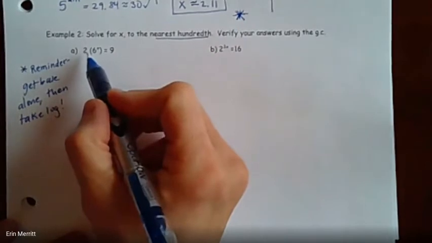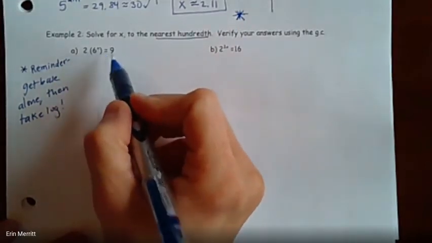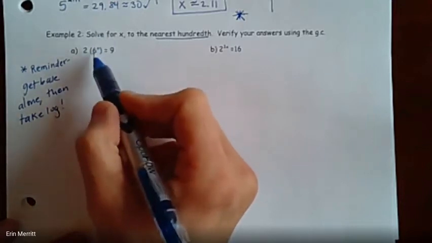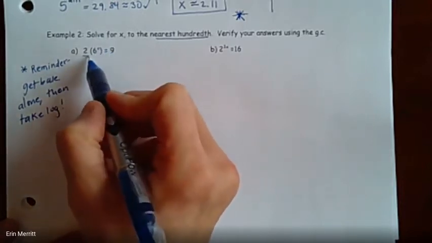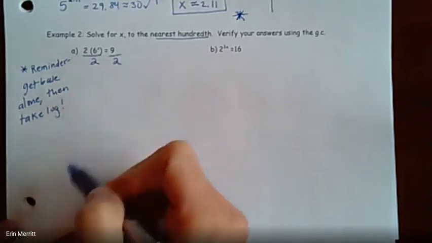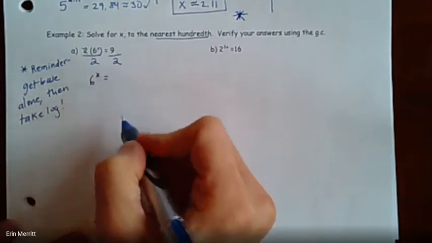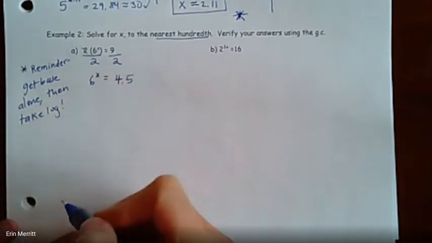So in this case, since it's 2 times 6 to the x equals 9, I am not allowed to multiply 2 and 6 together. It's not just a 6, it's 6 to the x. So instead, divide the 2 out. So that would then leave me with 6 to the x power, and then equals 4.5.